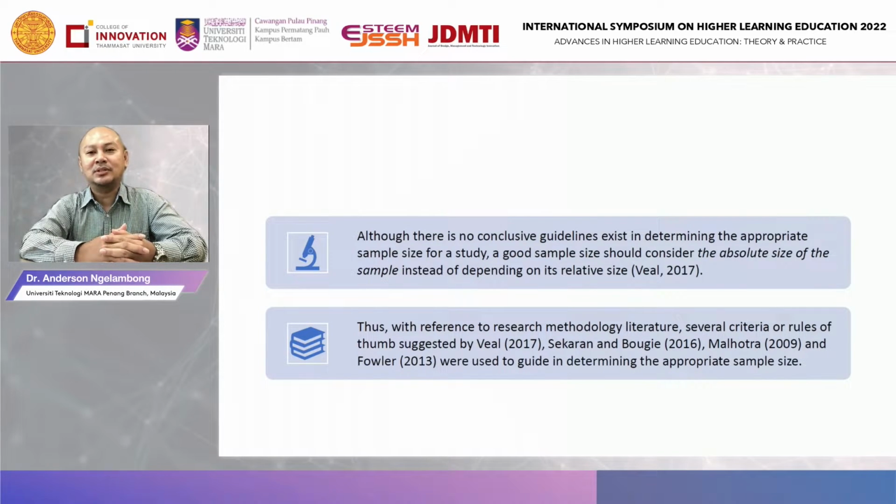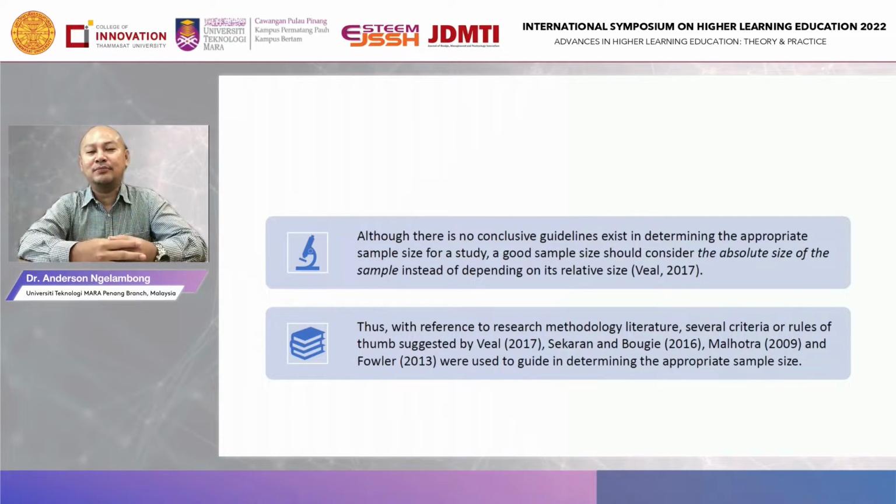This is stated by Bell 2017. Thus, with reference to research methodology literature, several criteria or rules of thumb suggested by Bell 2017, Sekaran and Bougie 2016, Malhotra 2009, and Fowler 2013 were used to guide in determining the appropriate sample size.